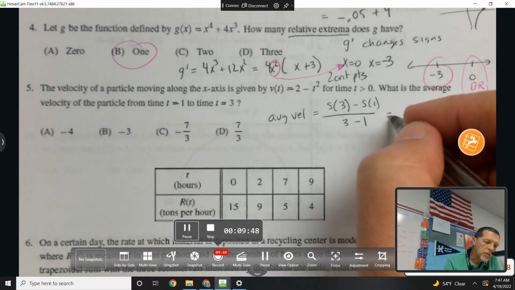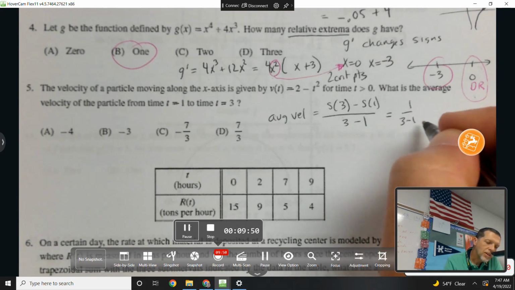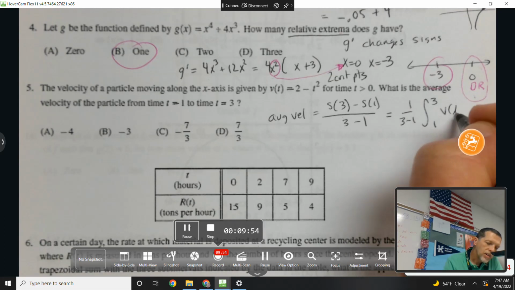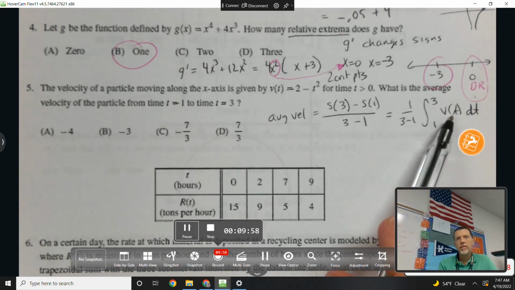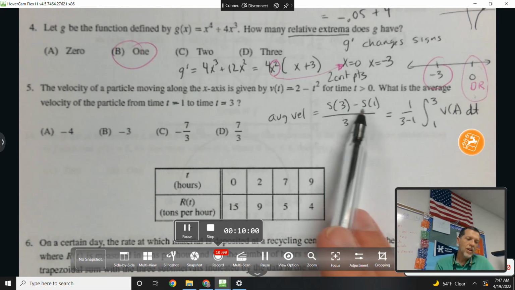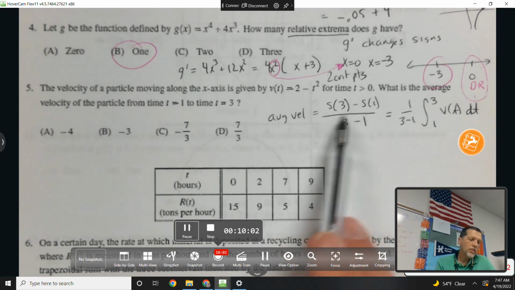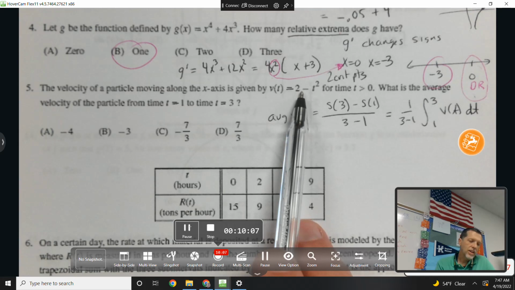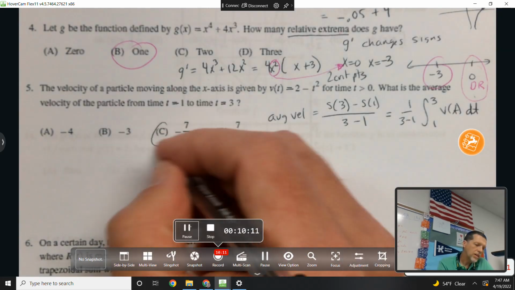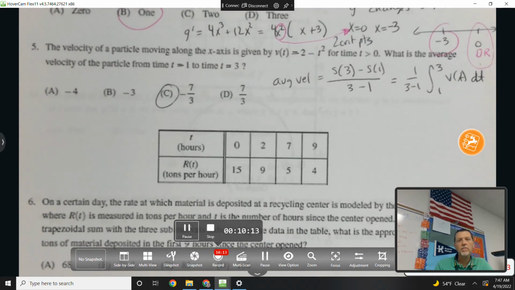Maybe a different way to think of average velocity would be the integral of the velocity, because that we do have. It's the same thing as this, but we don't have a formula for position, but we could integrate the velocity. Just in the interest of time, I'm going to skip the rest of it and keep going.